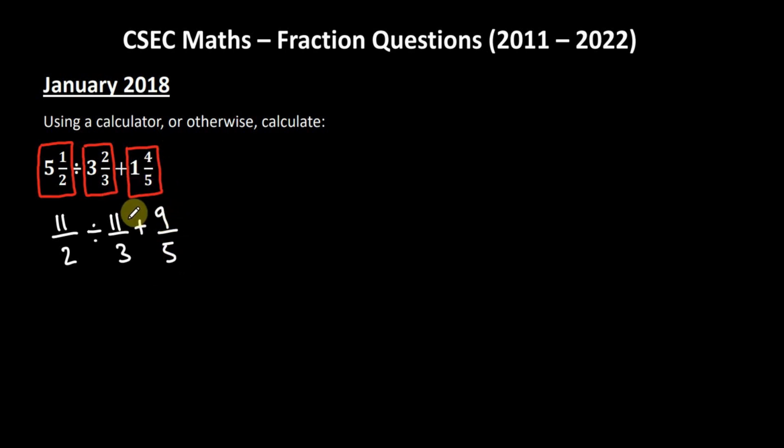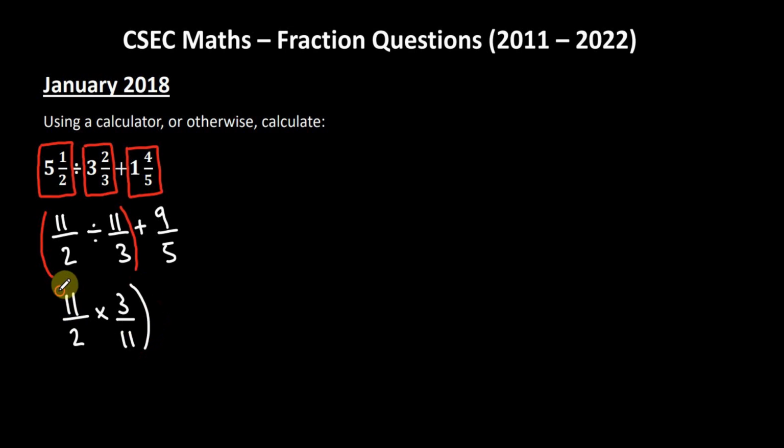And of course, guys, we have to observe the order of operations here. So we have to divide before we can proceed with the addition. And in dividing fractions, guys, recall we keep the first fraction, change the sign to multiplication, and flip the second fraction. So we'll bring the 3 to the top and the 11 to the bottom.